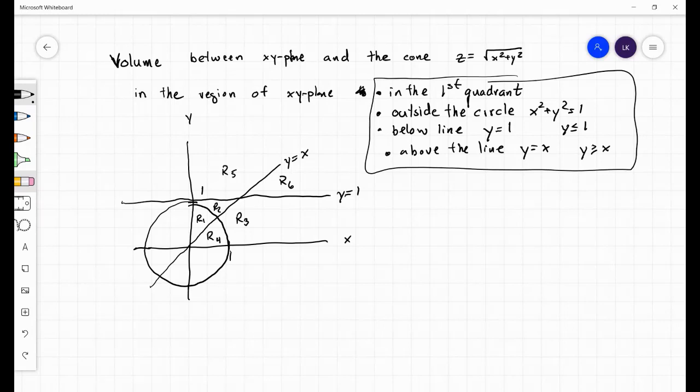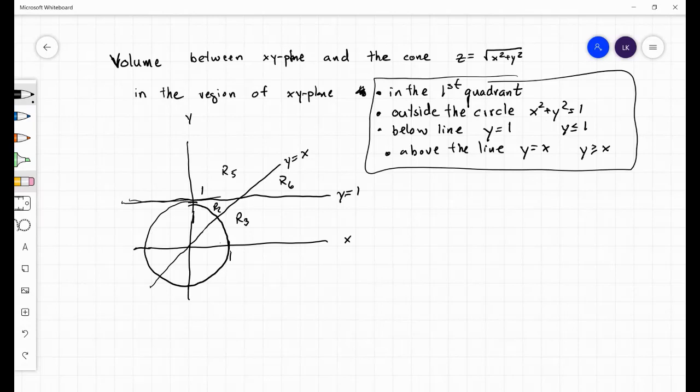It's not region 1, so which condition is contradicted by that? Yeah, that's right, outside the circle. So it can't be region 1, or region 4 for that matter. It's region 2, that's right.